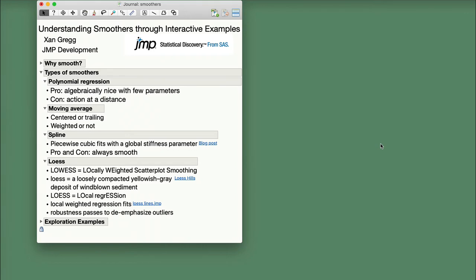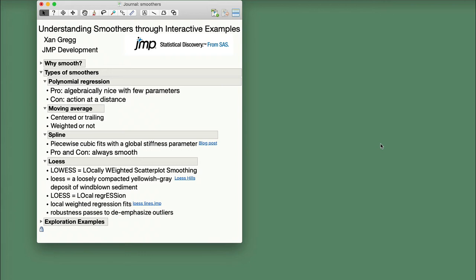The pro and the con of that is that it is always smooth. It is always these cubic curves. None of those curves are going to be completely flat, or I guess you can have a relatively flat thing, but there are not going to be any sharp corners, which is usually okay because natural data usually does not have sharp corners.